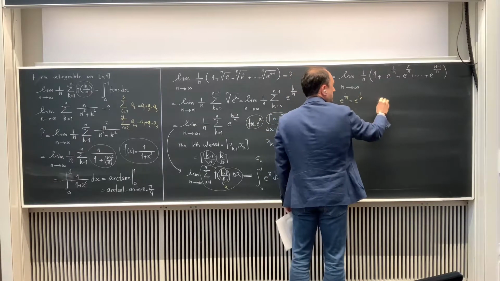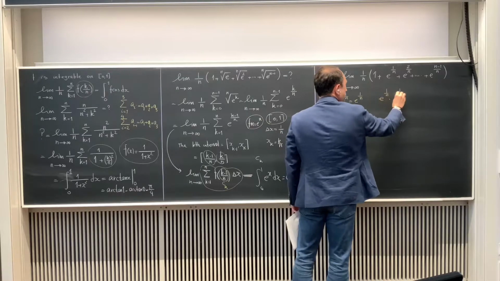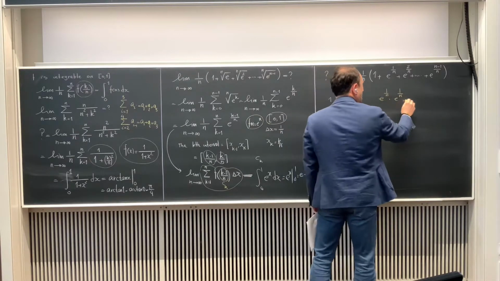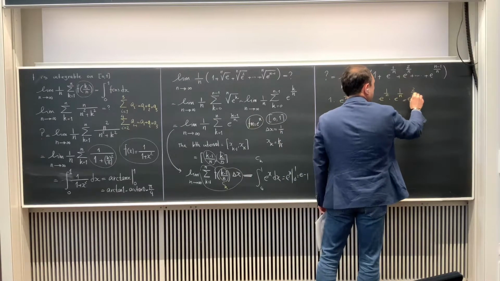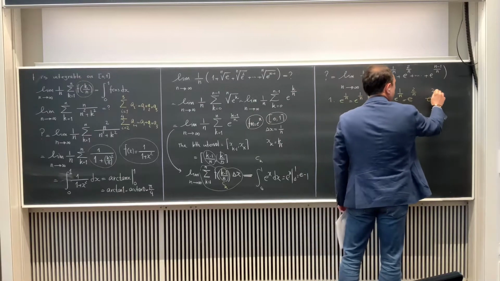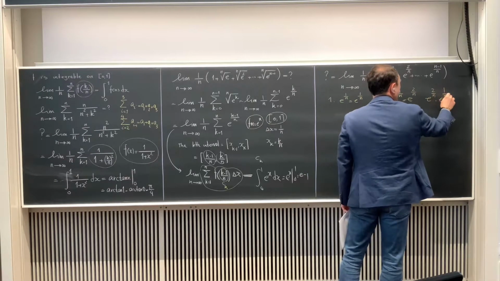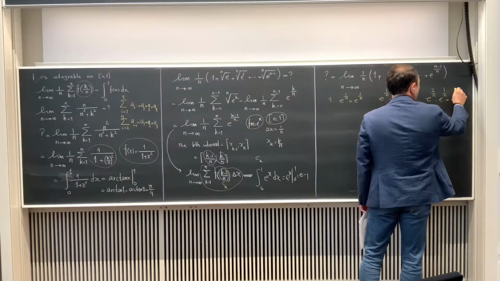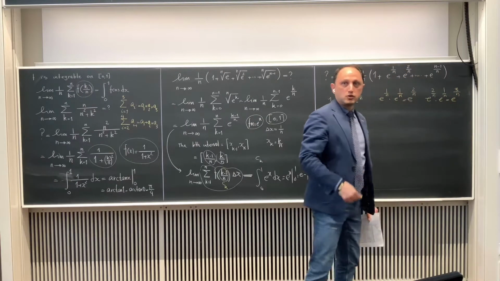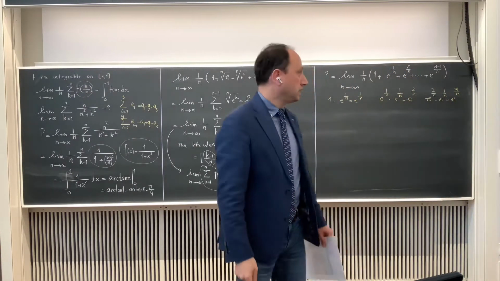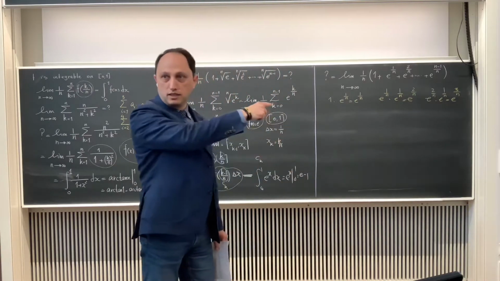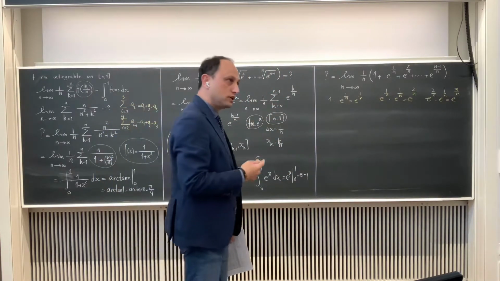If I take this term and multiply it by e to power 1 over n, it generates the second term, yes? If I take this one and multiply it by e to power 1 over n, it generates the next one. Do you agree? So every time I am multiplying by e to power 1 over n, getting the next term. So that's the geometric sum.